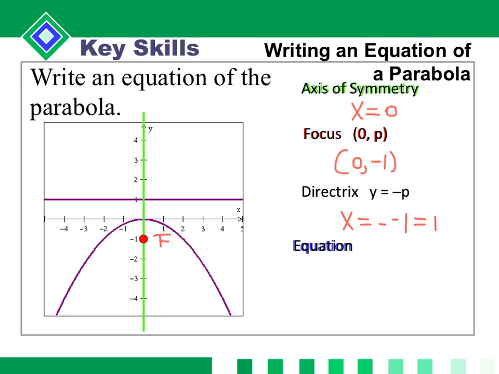So that means, see the p value, p is equal to -1. So the parabola is opening down, so it's x squared is equal to 4py. P is -1, so it's going to be x squared is equal to -4y, and that's the equation.